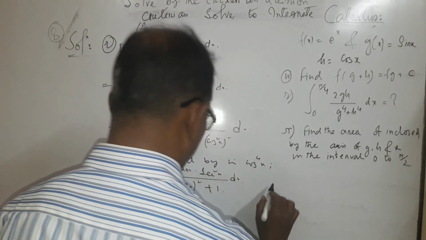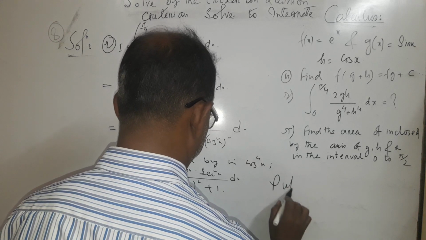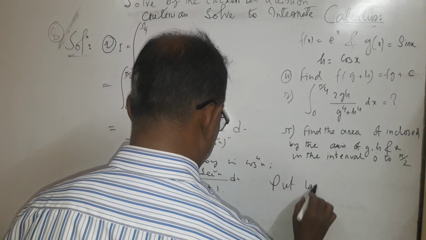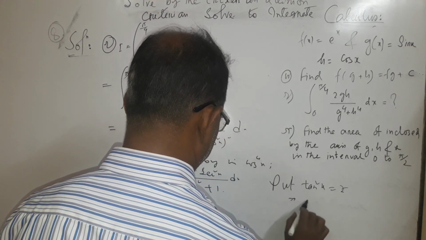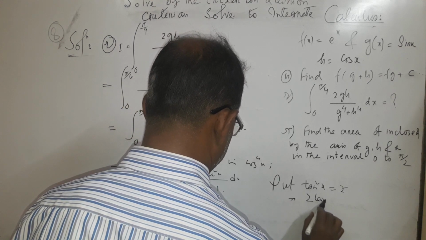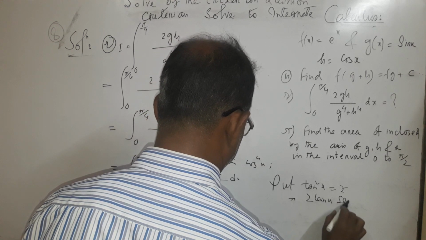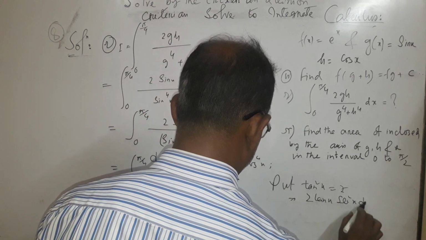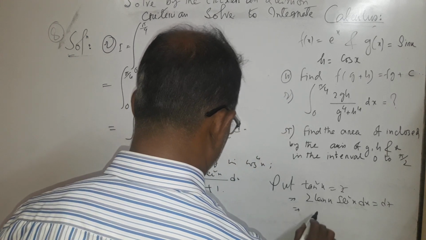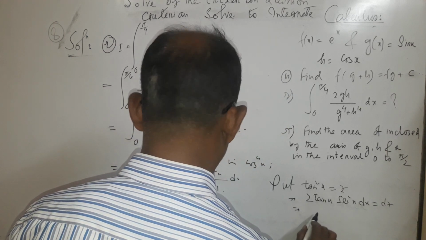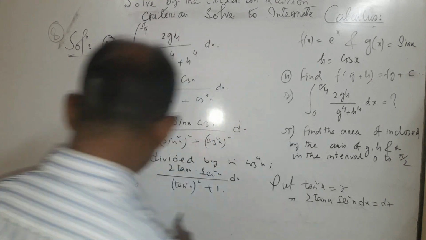So then put tan square x equal to z, that implies 2 tan x sec square x dx equal to dz. That's why tan x sec square x dx equal to dz/2.